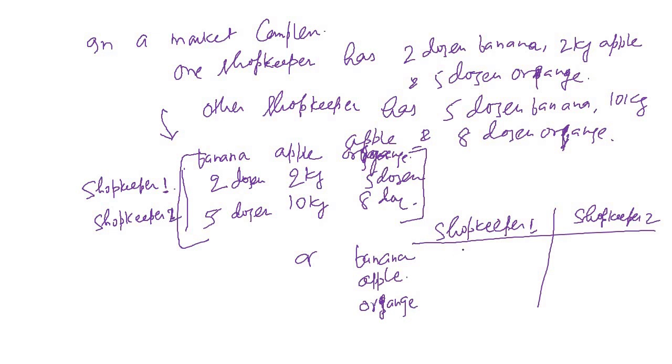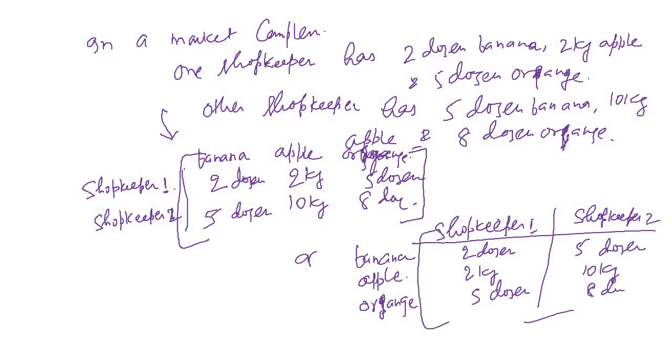Shopkeeper 1 has 2 dozen banana, 2 kg apple and 5 dozen orange, and shopkeeper 2 has 5 dozen banana, 10 kg apple and 8 dozen orange. Now apply this type of bracket. Here you see that there are 2 rows and 3 columns in this matrix. It becomes a 2 into 3 matrix, and here there are 3 rows and 2 columns. It becomes a 3 into 2 matrix.